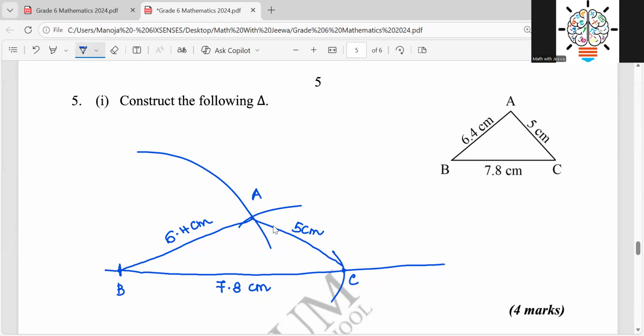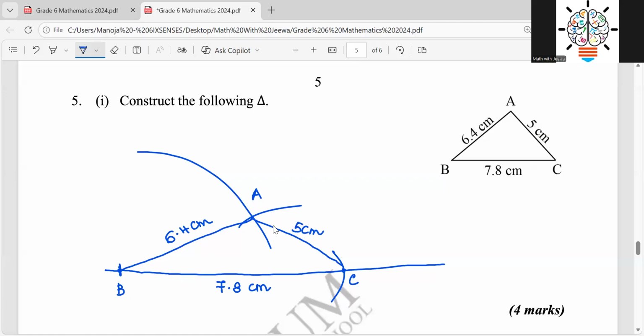To get the full marks, you want to label the corners ABC, you want to write the length of each side, and you want to have the arcs like this. Otherwise, it is not the construction. If you just measure and do something, it's just a drawing. It is not a construction. And in that construction video, I clearly explained the difference between the drawing and the construction, right? This is how you want to have it, right?